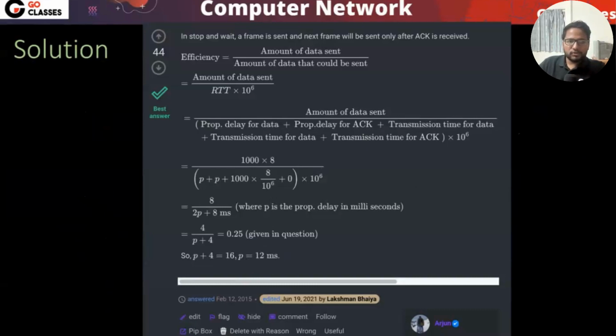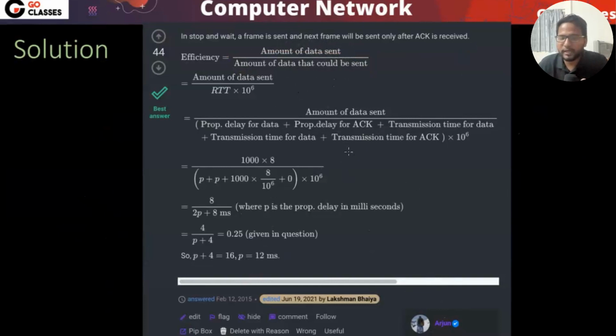Let's see the solution provided by Arjun sir. They're saying that in stop and wait, the frame is sent and the next frame will be sent only after ACK is received. So efficiency is amount of data sent upon amount of data that could have been sent. Nice. See, I told you the interpretations of efficiency, right? You can interpret efficiency in any way.